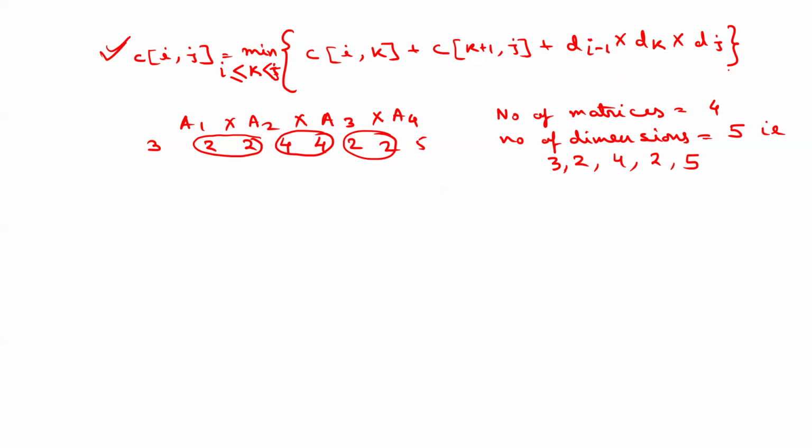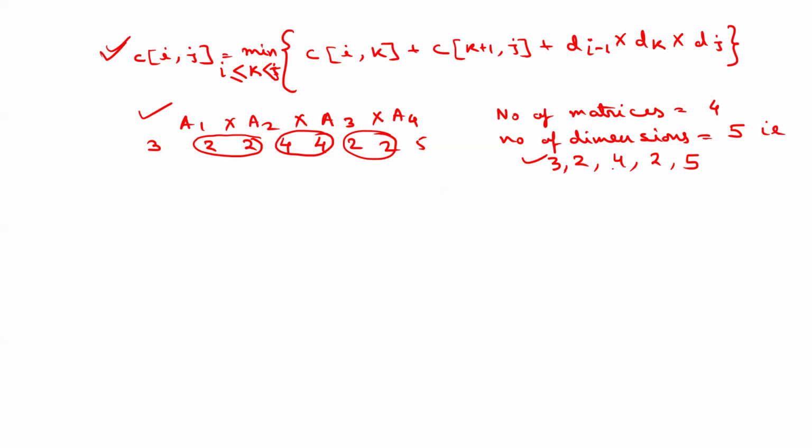So here the problem has the number of matrices as 4, and the number of dimensions is 1 more than the number of matrices, that is 5. The dimensions are 3, 2, 4, 2, 5.